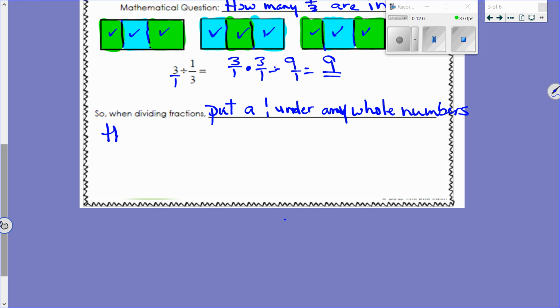Then multiply by the reciprocal. But we have to turn any whole numbers into an improper fraction first. Once we've done that, then we can multiply by the inverse. Everybody good on this page? Okay, go ahead and turn the page.